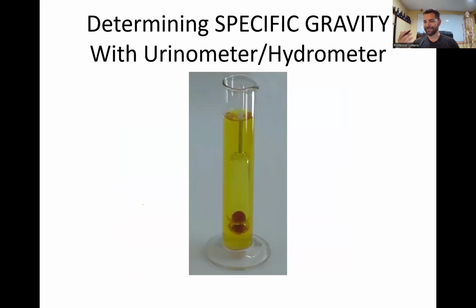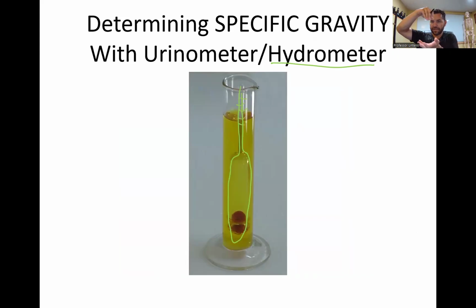This is a device called a hydrometer. What this picture is showing you is a hydrometer, but we use this to measure specific gravity. So you have that glass tube, you put the urine in it, you put this guy, and it floats, and there's little measurements on here.